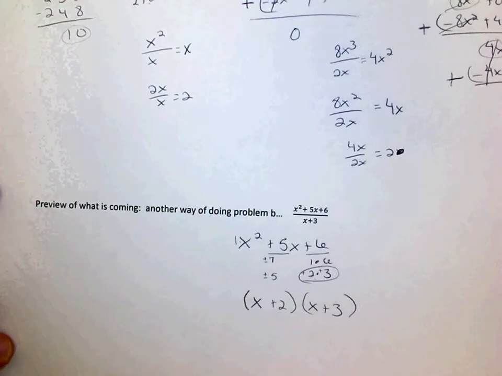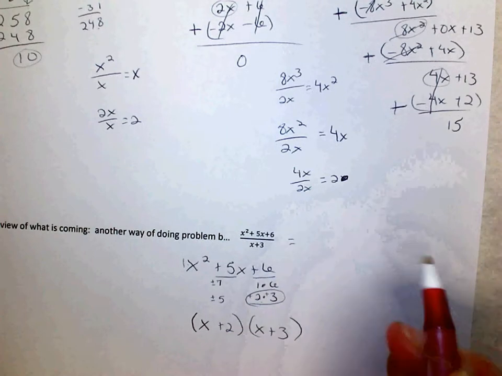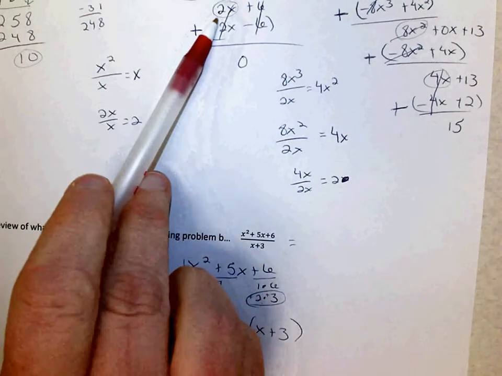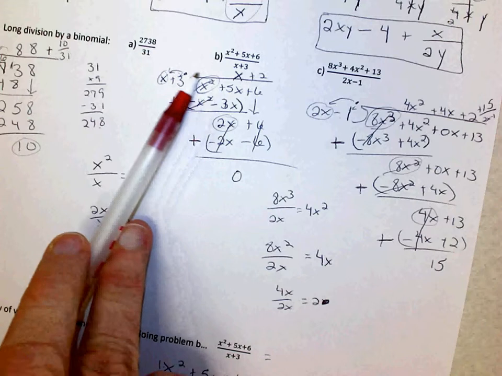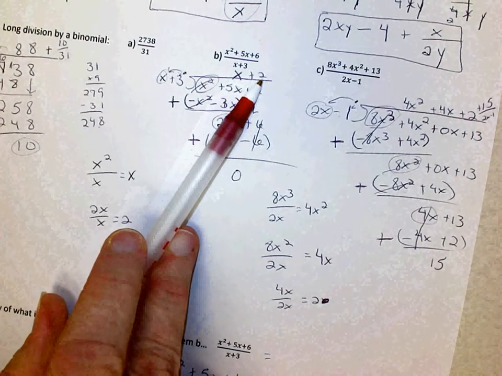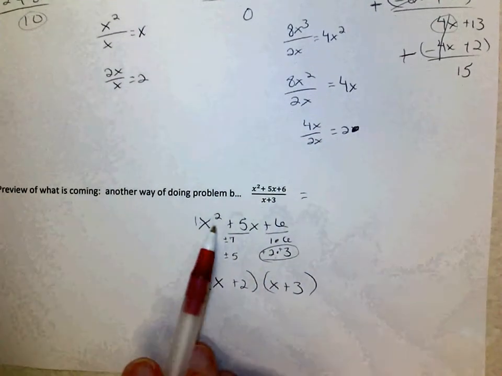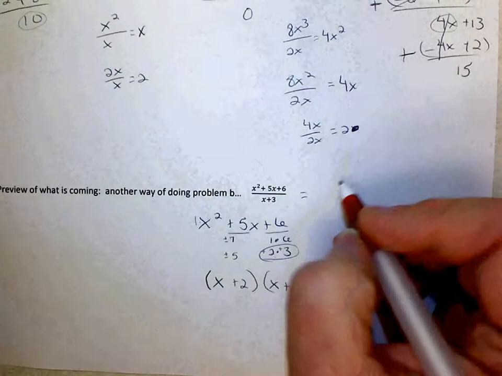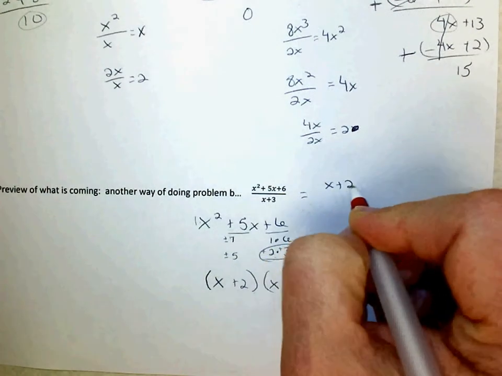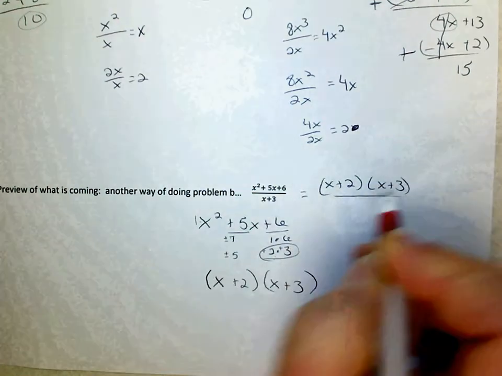I love these problems. Now, remember how much work there was to this long division to get to this answer of x plus 2? Now watch this. All I had to do was factor this top. So this is x plus 2 times x plus 3. And what am I dividing by? X plus 3.